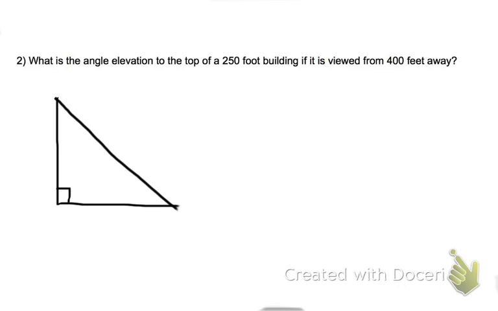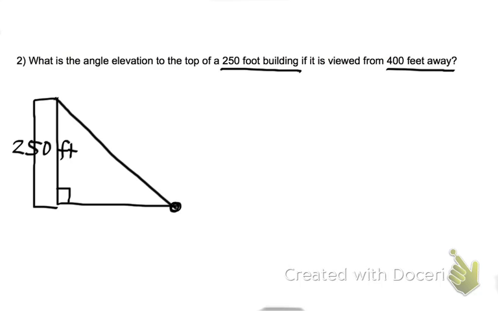Okay, so I have a 250-foot building. So let's say this is our building over here, and it's 250 feet. Okay, and then it says it's viewed from 400 feet away.